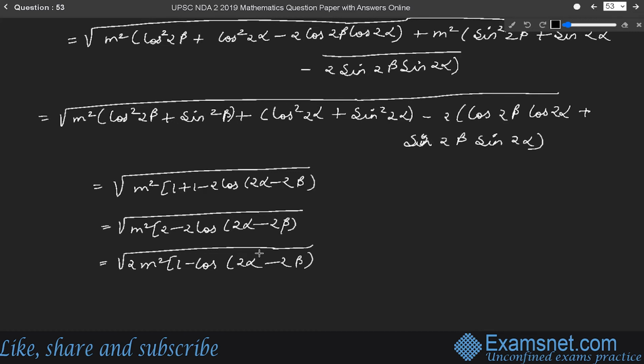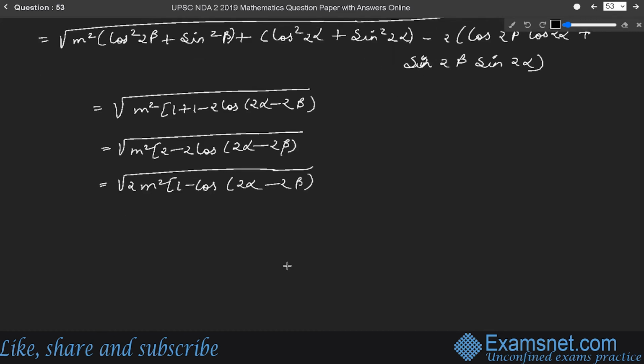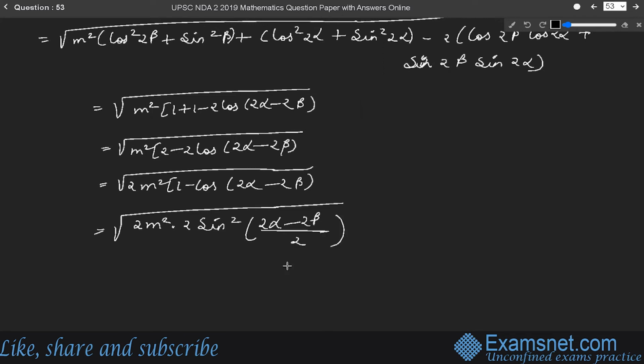On further simplification, this will be equal to the square root of 2m squared into 2 sin² ((2α minus 2β) divided by 2), because we know that 1 minus cos θ is equal to 2 sin² (θ by 2).